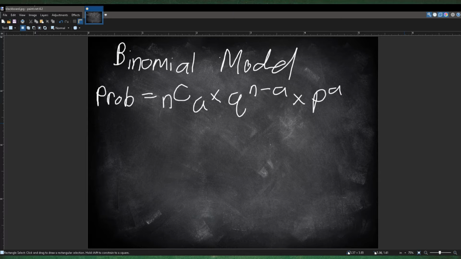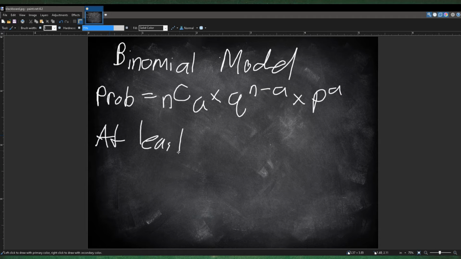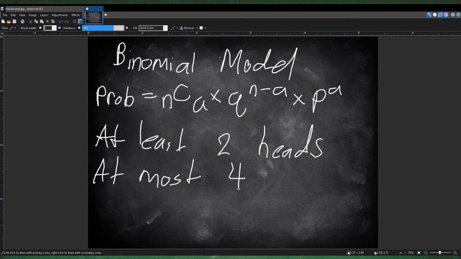So let's say you flip a coin 5 times, and you want to know the probability that you get at least 2 heads, right? And they also say at most 4 heads.